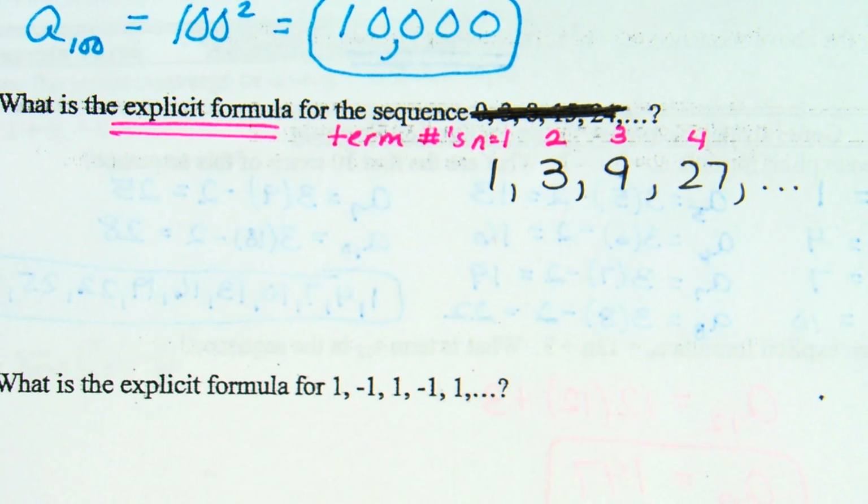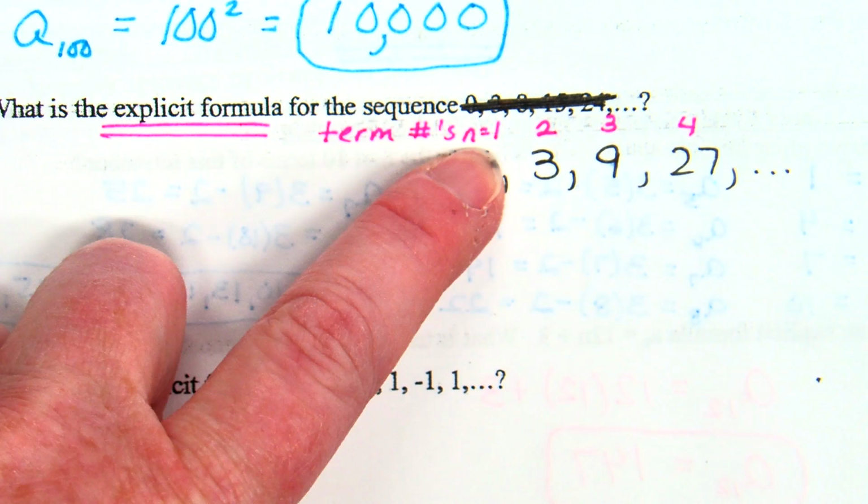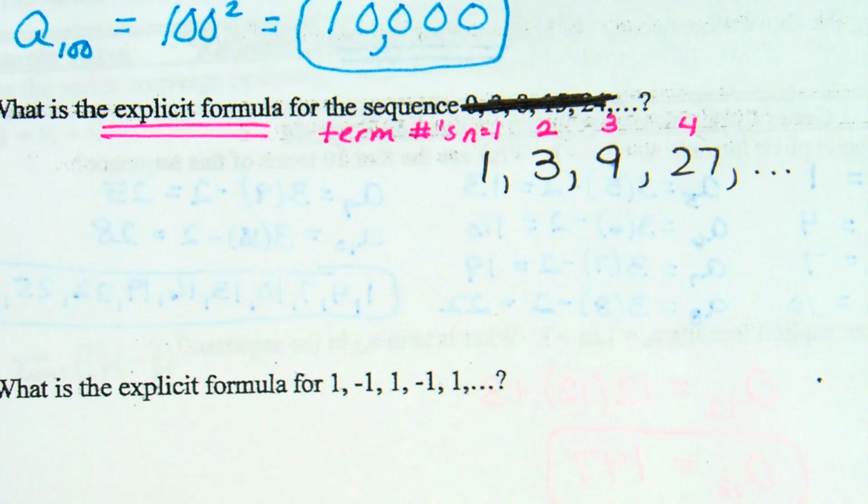If we take off the 1, don't worry about the 1 for a moment. 3, 9, 27. Do those numbers mean anything to you other than you multiply by 3 to get the next one? Nah, don't go fancy.